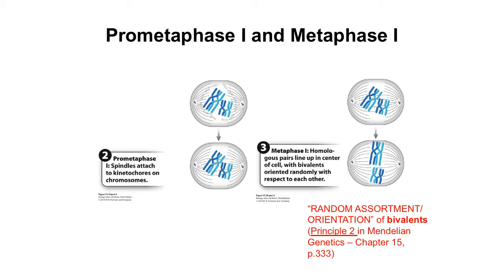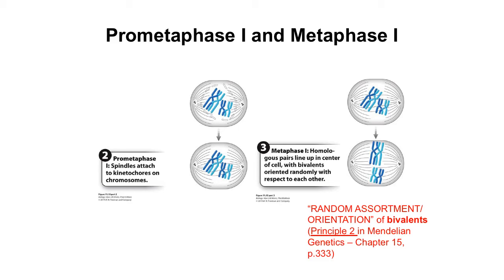The other important point, as we will now see in prometaphase I, is that the formation of chiasmata also helps hold together the bivalents for metaphase I as they move towards the equator, or the middle part of the cell.